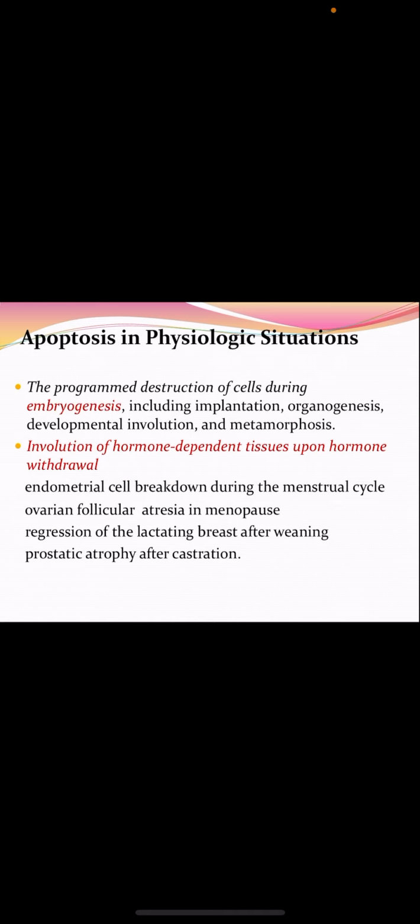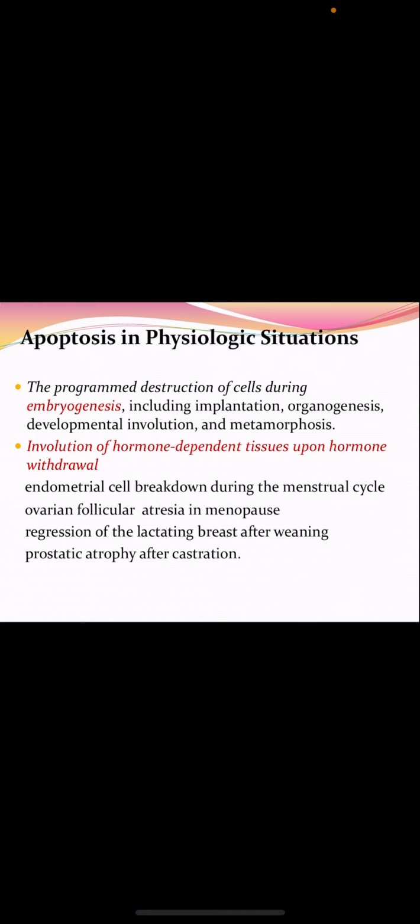Apoptosis can be seen in physiological and pathological conditions. Here are a few examples in physiological situations where apoptosis takes place. The programmed destruction of cells during embryogenesis, which includes implantation, organogenesis, developmental involution, and metamorphosis.